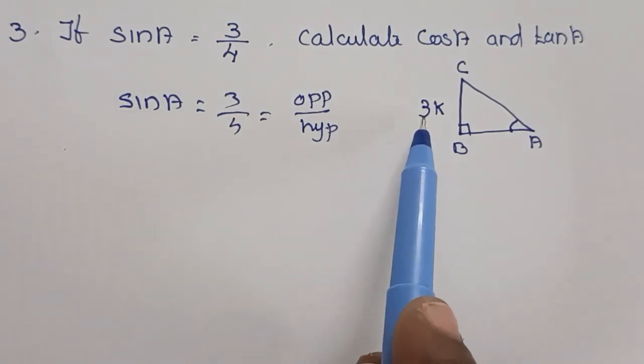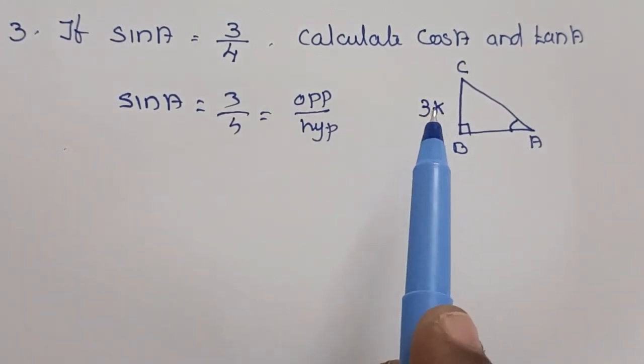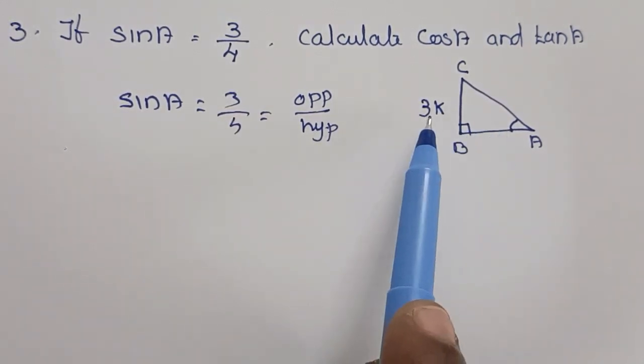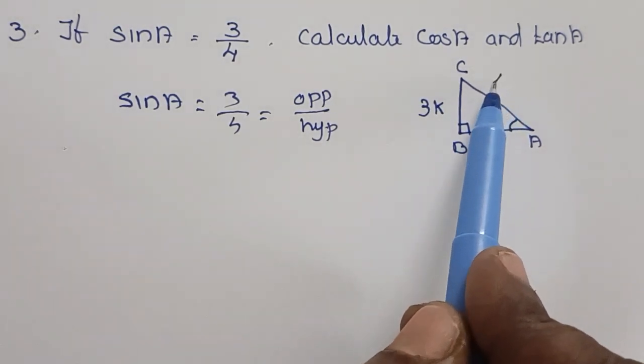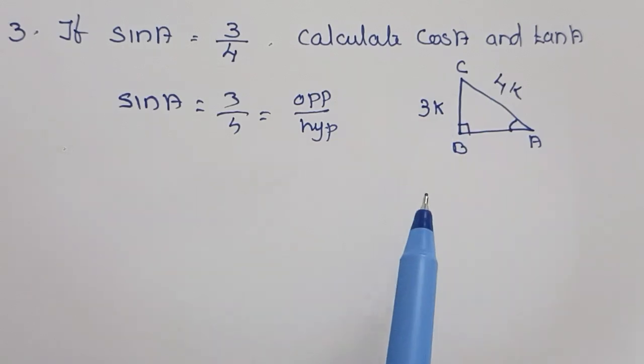So the opposite side of A equal to 3k and hypotenuse equal to 4k.